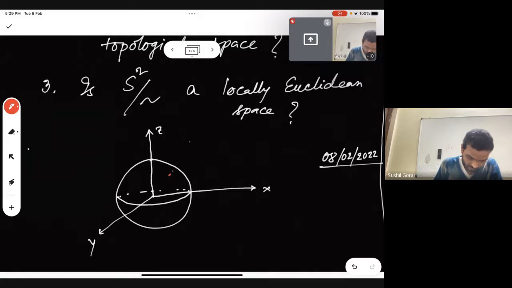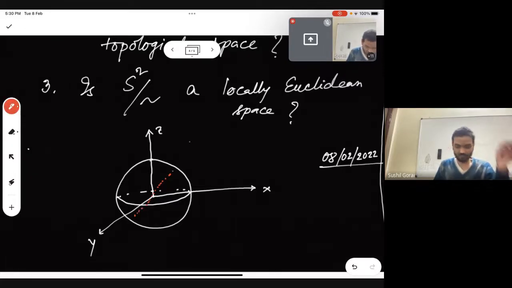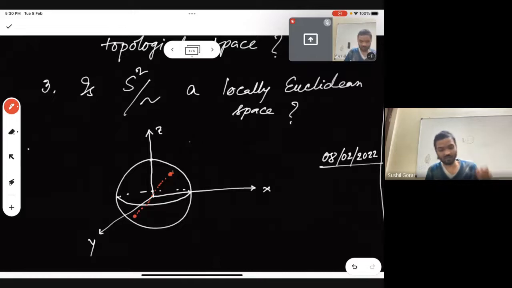Pick a point here, and it is identified with a point on the other side.